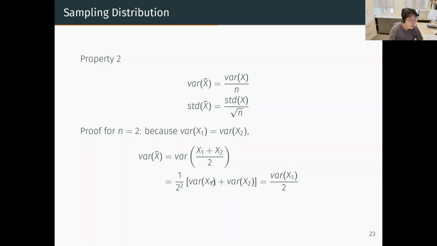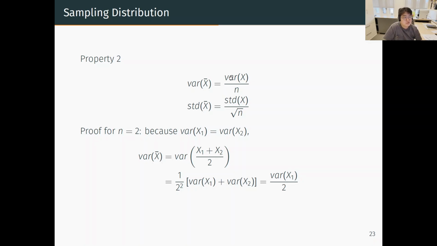So you are adding 2 variances and dividing by 2 squared. One of the 2s is canceled out, and in the end, 1 still remains. So the denominator includes the sample size. As you increase the sample size, the variance decreases inversely proportionally.